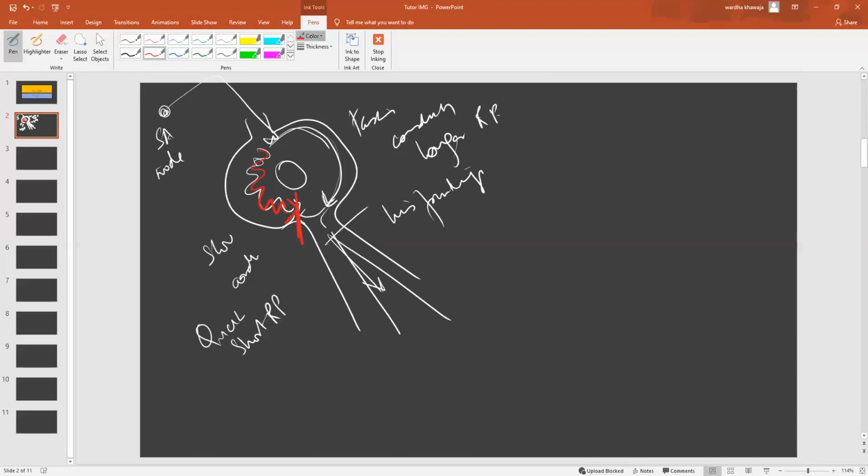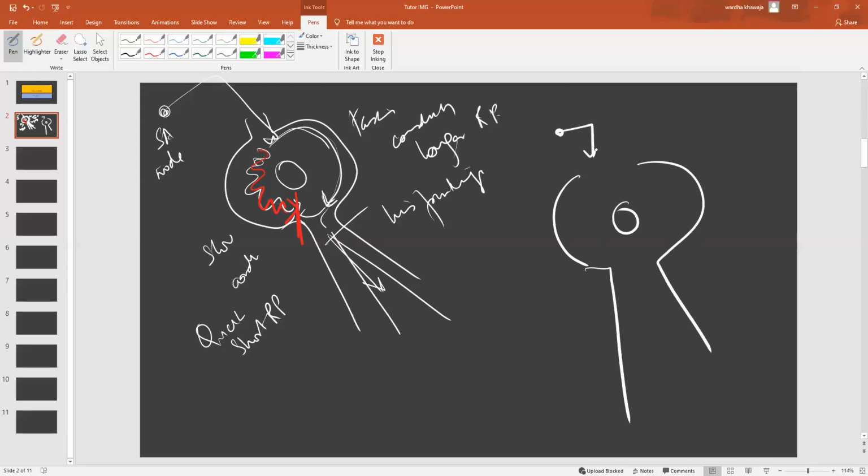The problem arises when there is a disturbance in the SA nodal firing. Imagine that the impulse sent by the SA node is now not arising at the right time, what we call a premature atrial contraction.